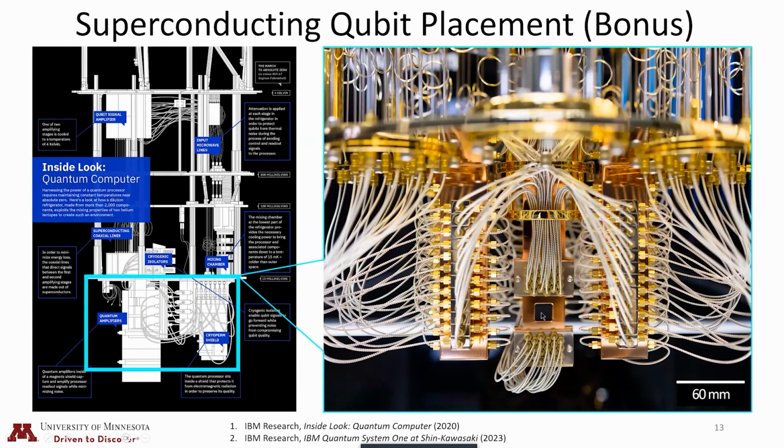As we are going to talk about in the future, there's some modularity here. You can fabricate a chip, and whenever you fabricate that chip, you can place it here in this little square, as long as it has the right pin outs and the right plugins.